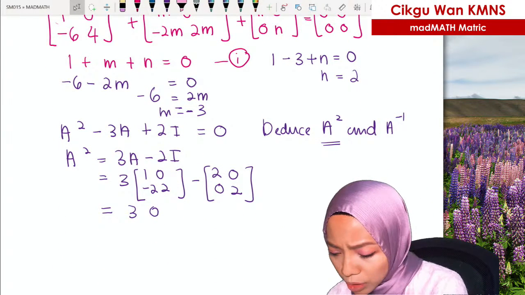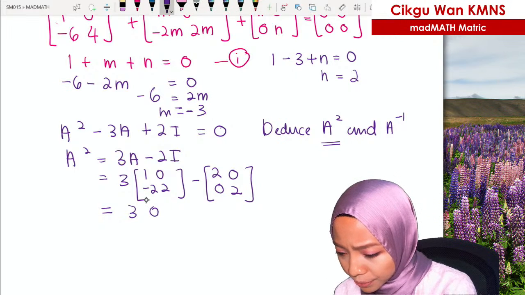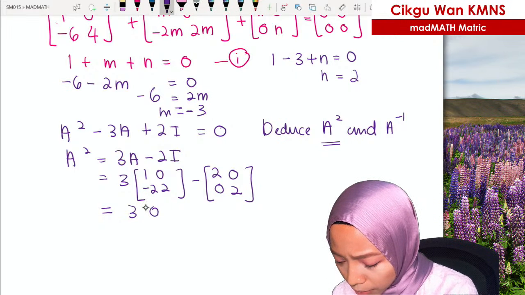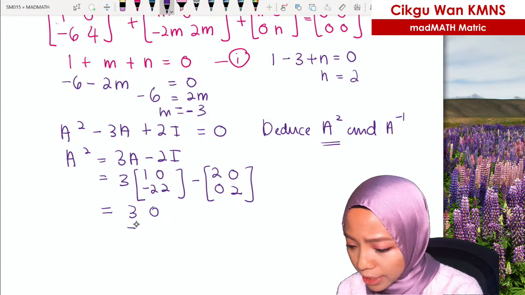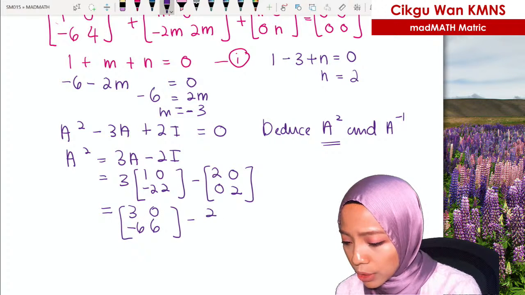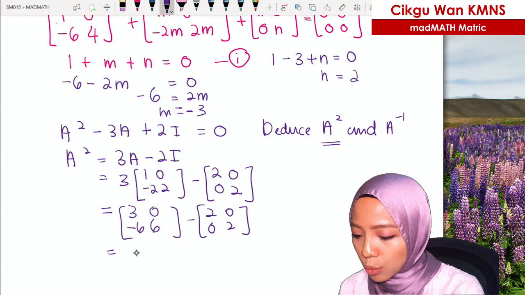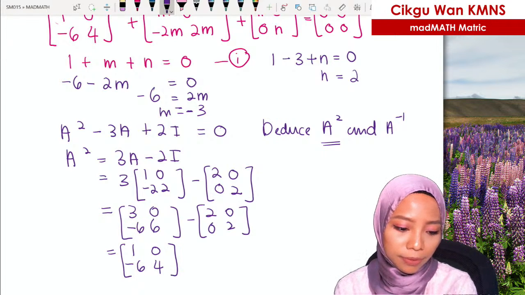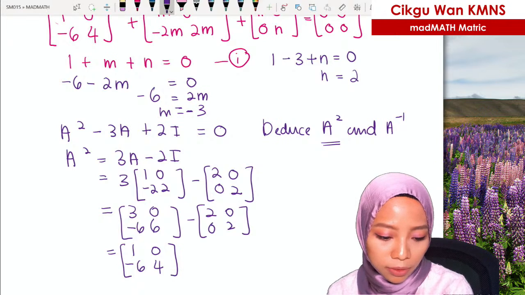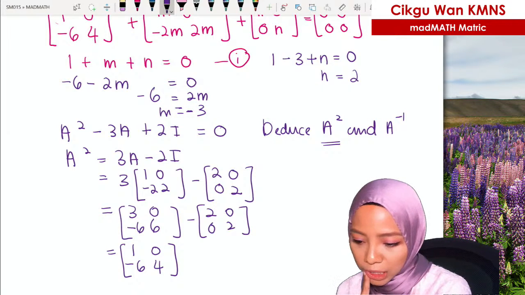Okay, so now 3, 0, negative 6, 6. Okay, minus 2, 0, 0, 2. Okay, 3 minus 2, 1, 0, negative 6, 4. Okay, sama tak?